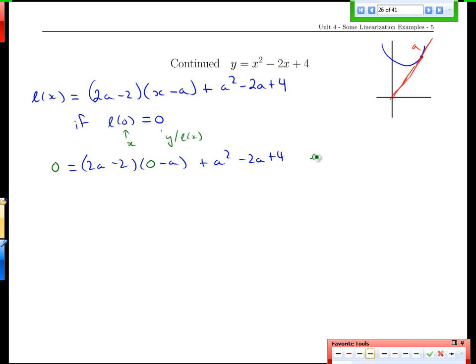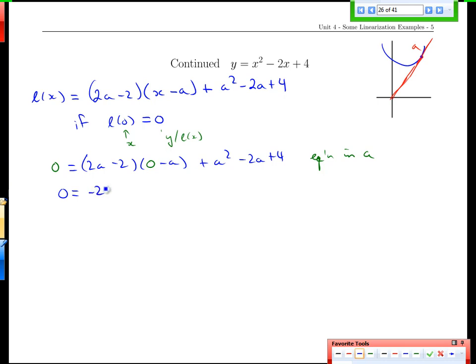And now you notice we have an equation just in a. And that makes sense. We've said, let's put a constraint on a so that the line we get when we choose a can only go through the origin. Well, then only some a values are going to lead that to working. And so we can solve now for what those specific values of a will be.